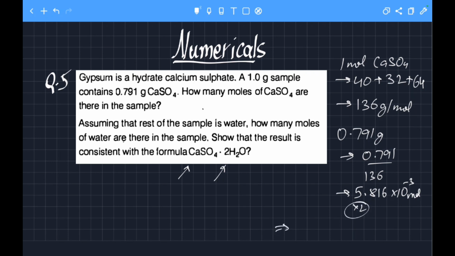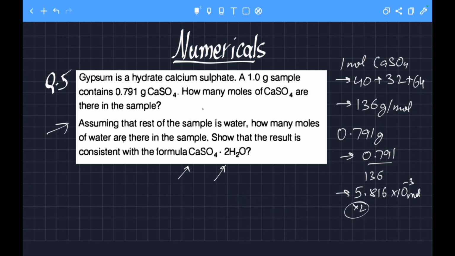So that will be roughly equal to 11.61 into 10 raised to minus 3. Let me write it clearly. 11.61 into 10 raised to minus 3 moles of water should be present. This is what we are supposed to prove. ये prove करना है हमें इस line से, assuming that rest of the sample is water, correct?